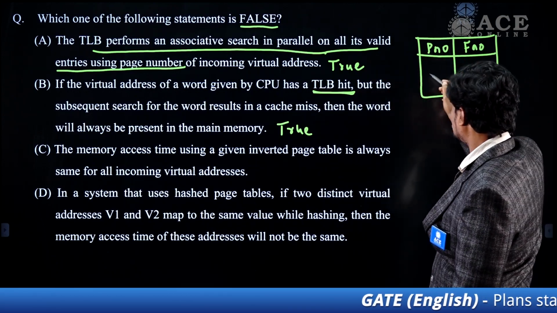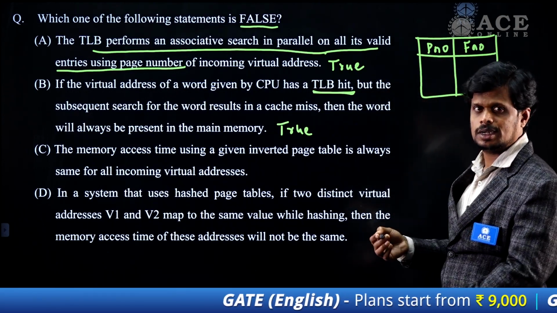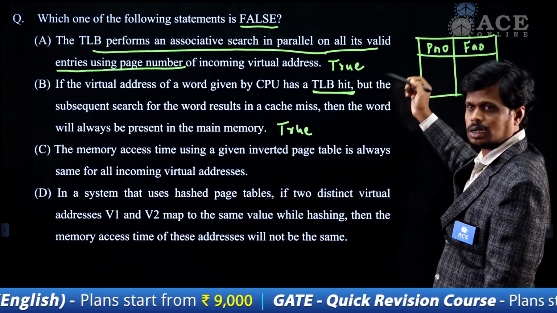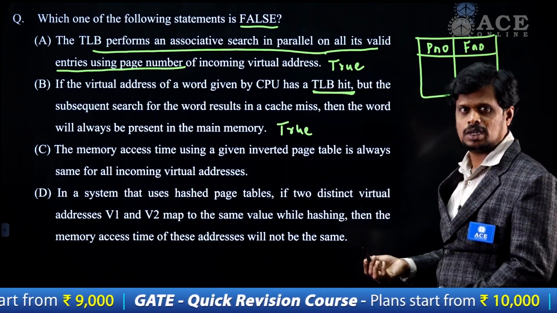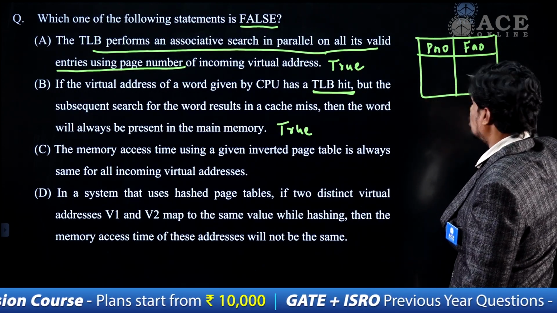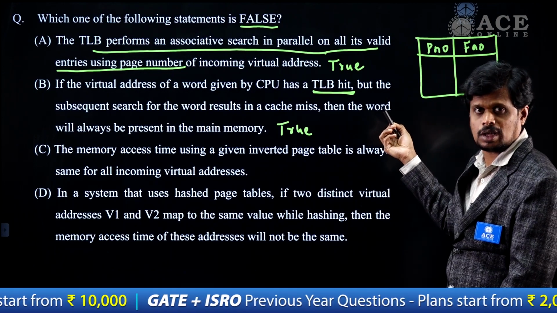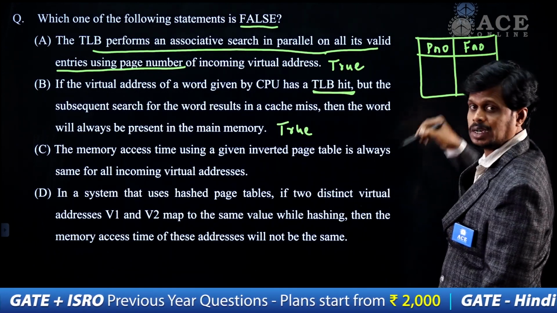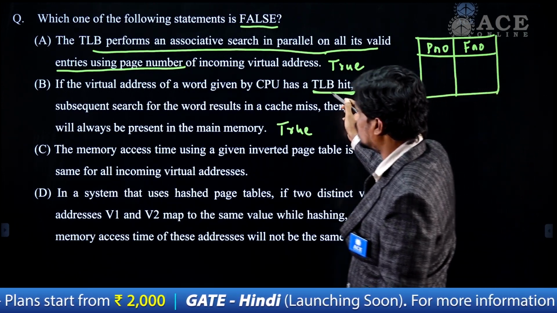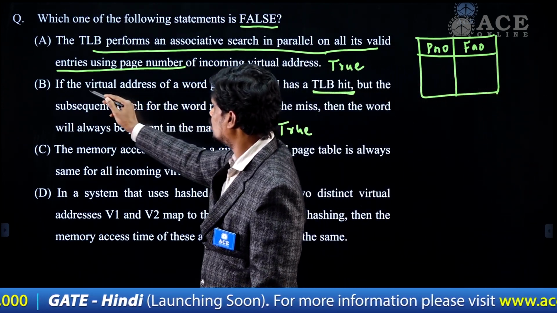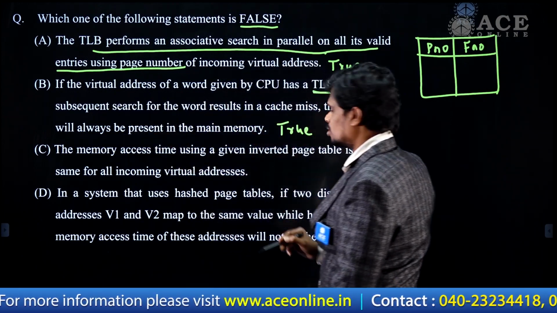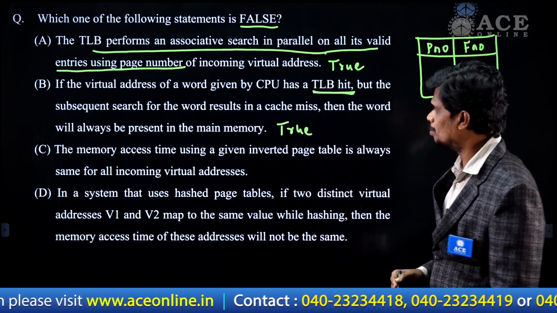So what is the TLB entry? A TLB entry is a page number and the frame number. This frame number is related to the physical memory. If it is a hit, obviously it is also part of the main memory. Yes or no? Because the frame number is also part of the TLB, right? So if a TLB hit occurs, the word will always be present in the main memory, which is a true statement here, right?